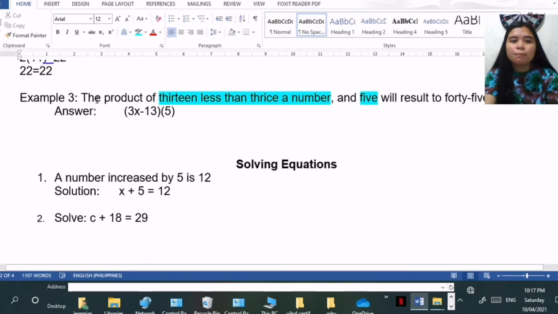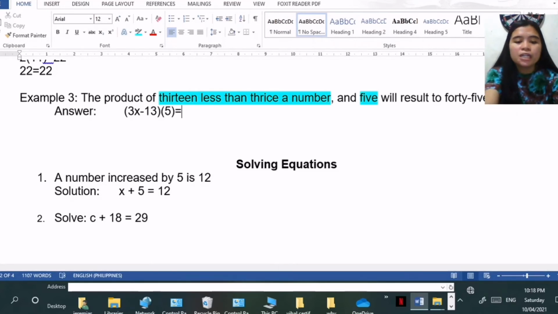Eto na yung sinasabi na the product of 13 less than a number and 5. Di ba product, kaya nasa loob sila pareho ng parenthesis. Kasi nga product, magta-times ka. Ita-times mo yung 5, tsaka yung 3x minus 13, or yung 13 less than thrice a number. Then, will result, pag will result, that is equal, and then 45.